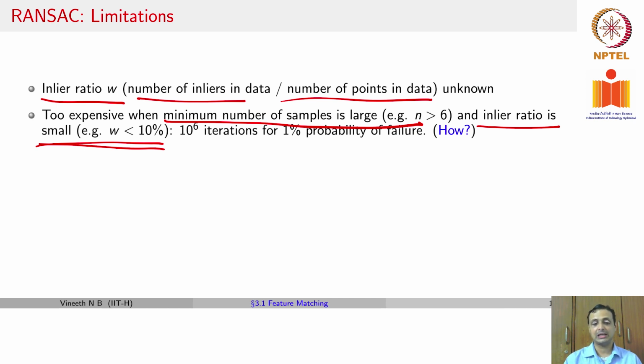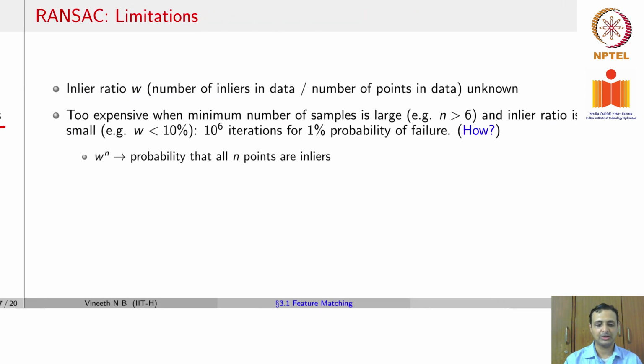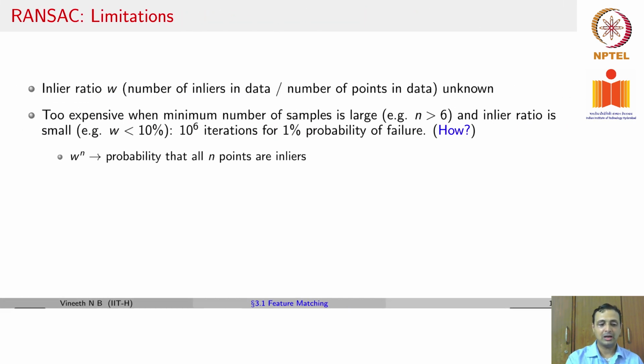In this particular case, it will be equivalent to having about 10 power 6 iterations to ensure 1% probability of failure. Just to expand on this, I'm going to leave this for you to work out by just giving a few hints, and you can work it out later. Remember that W is the inlier ratio, which means W power n is the probability that all n points that you picked are inliers.